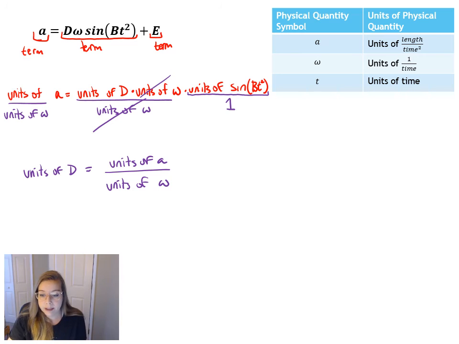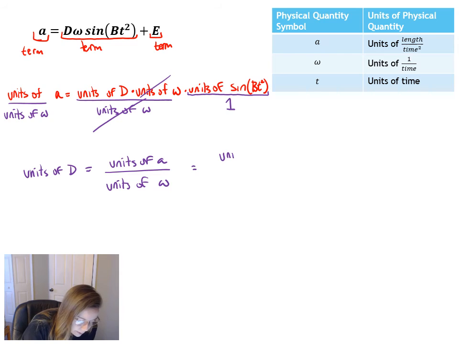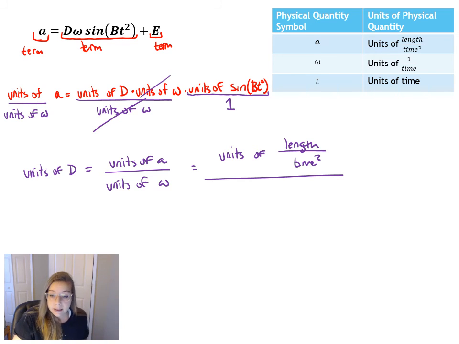Now I can actually use the chart that was given to us. I know what the units of A are, and I know what the units of omega are. So let's plug in that stuff. That would be units of length divided by time squared. And all of that is divided by units of omega, which was 1 divided by time.